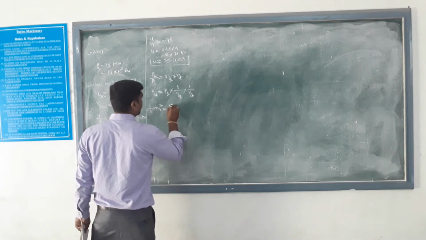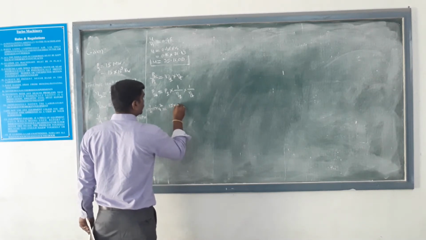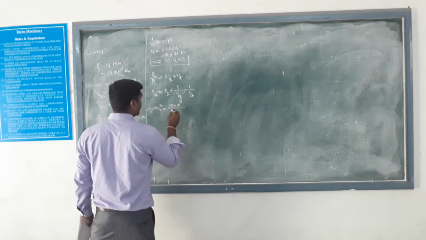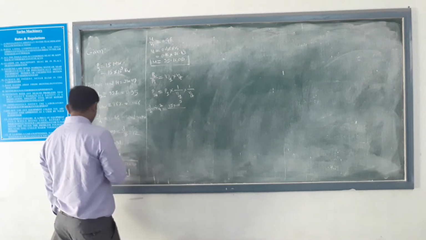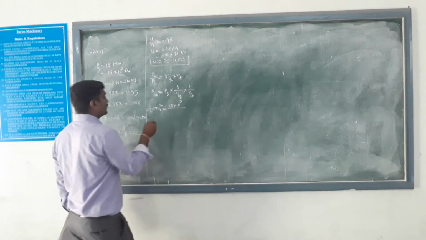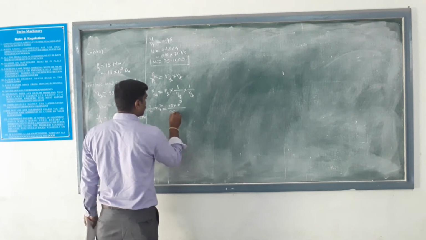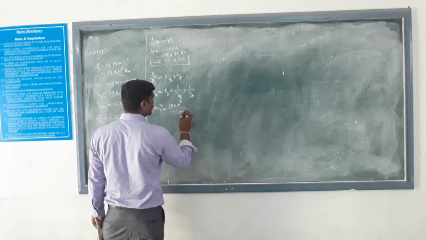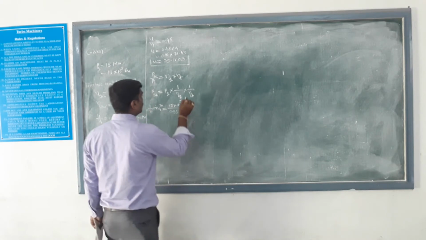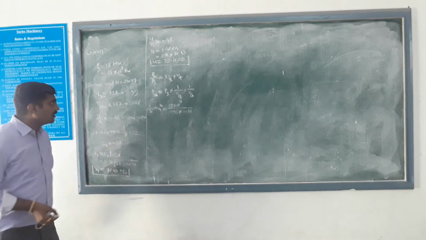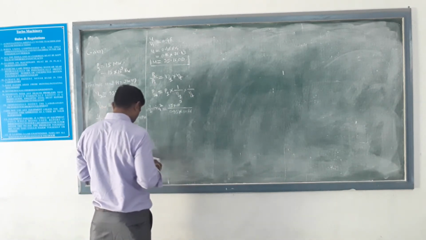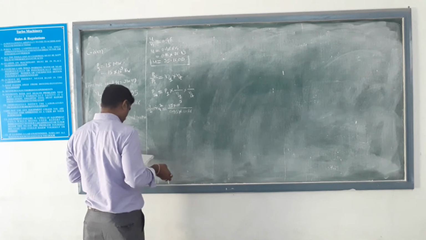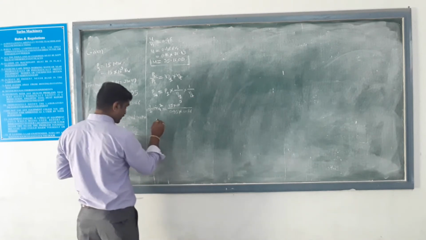And jet power is 15 into 10 to the 3, generator power, upon generator efficiency 0.95 and turbine efficiency 0.86. Putting in all the values and solving, we get the mass flow rate.